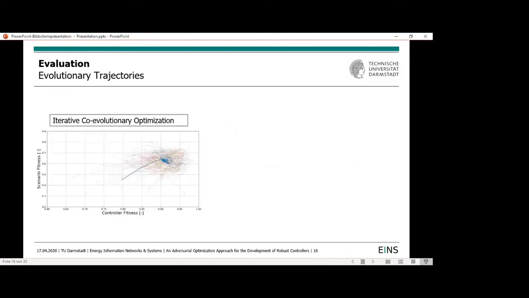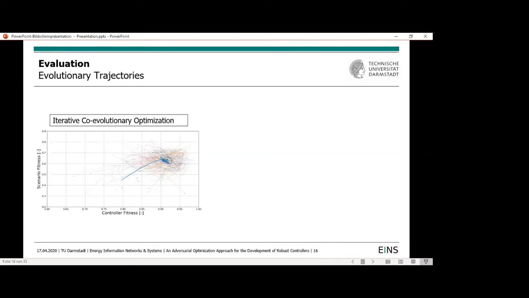First, we look at the evolutionary trajectory for the iterative co-evolutionary optimization, whereas again, 20 optimization runs are considered, and the colored curves in the background represent the 20 optimization runs, and the dot marks represent the start of a specific optimization run, and the thick blue line represents the averaged evolutionary trajectory over all optimization runs.